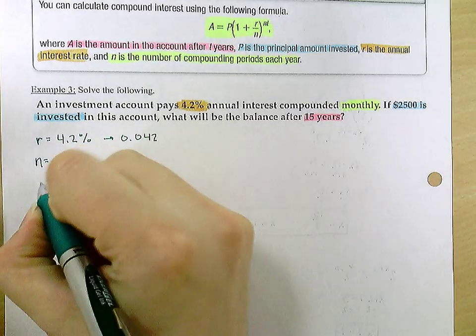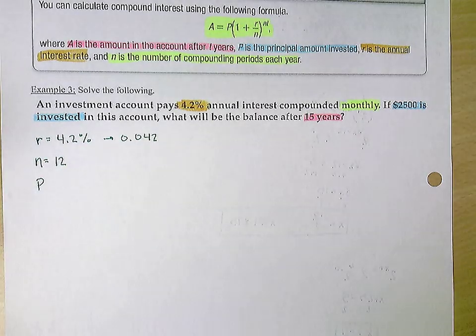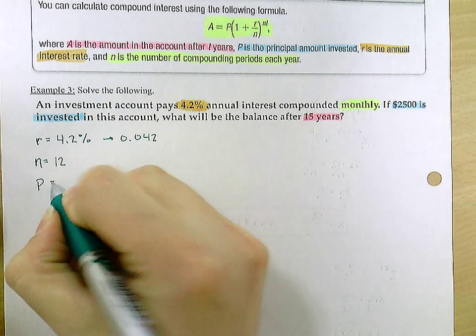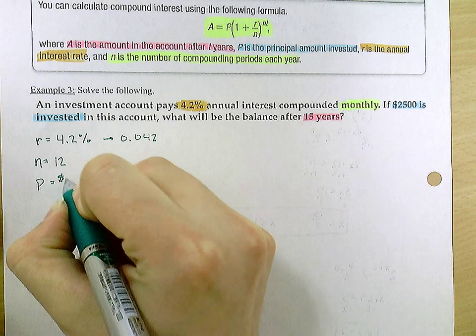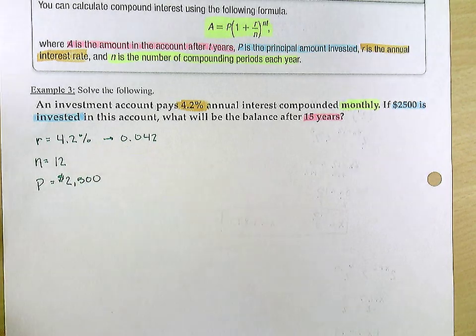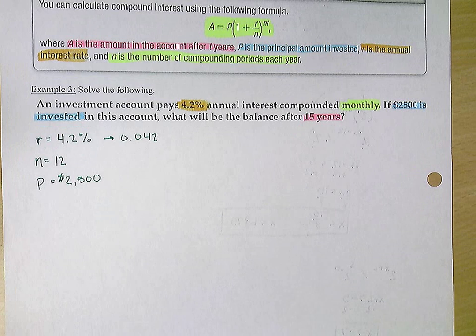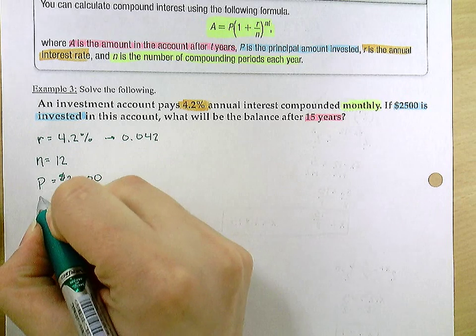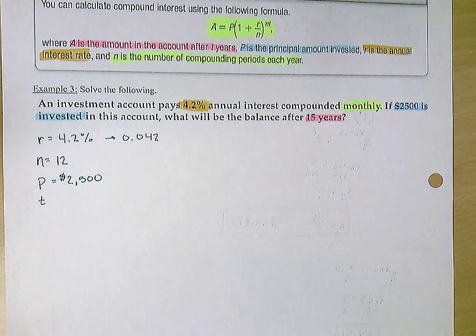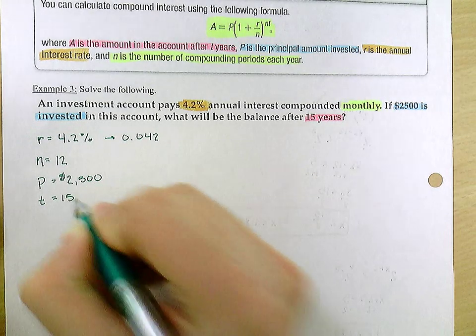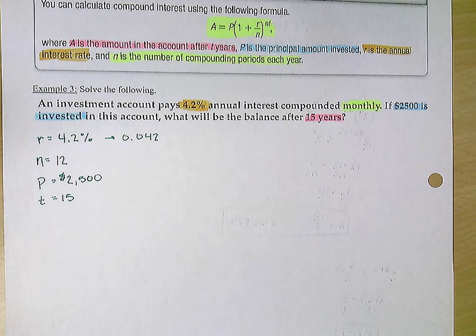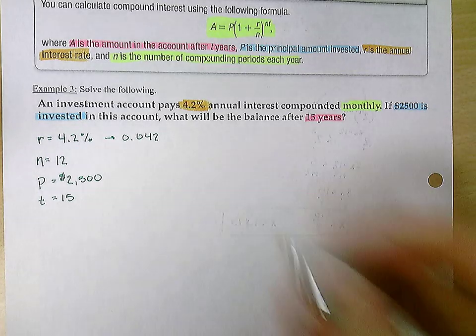Next we have P. That's our principal amount invested, which is $2,500. And then T is the time, or how many years we're going to do it for. That is 15. So we want to see how much money is in this account. That's your A value, the amount in the account.